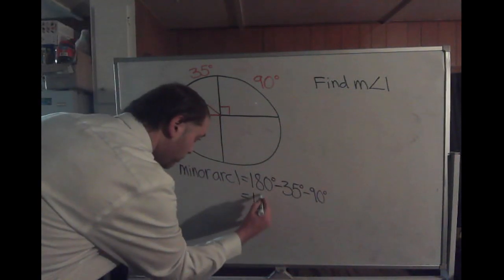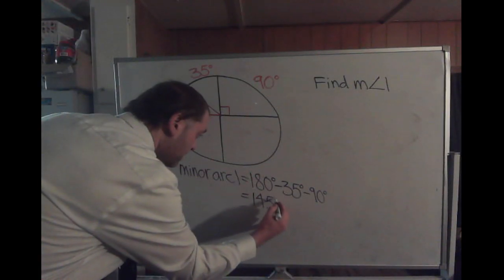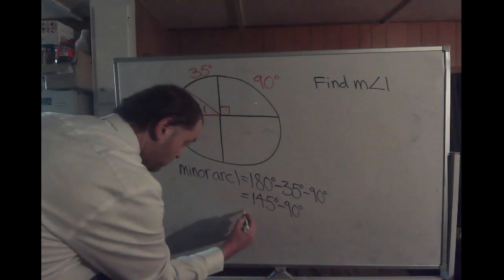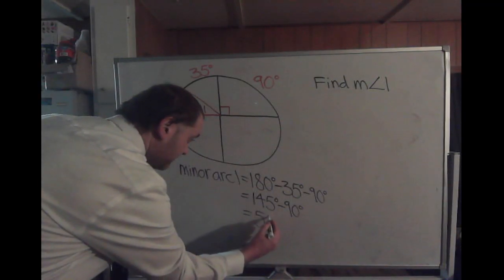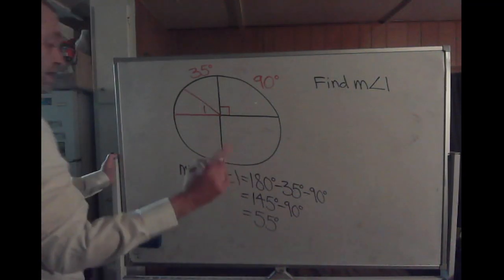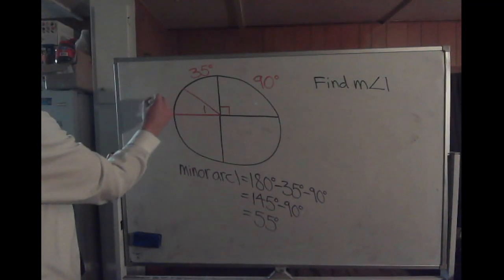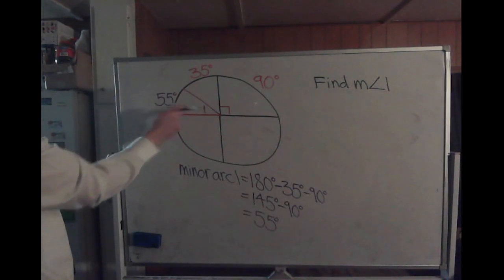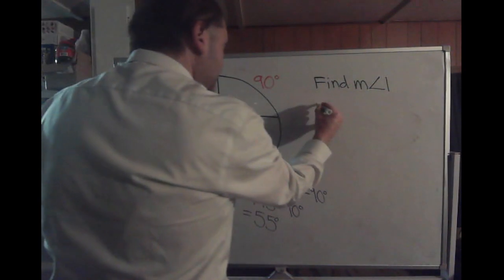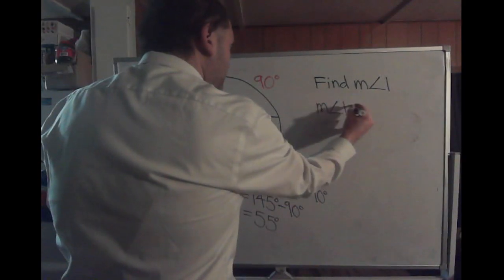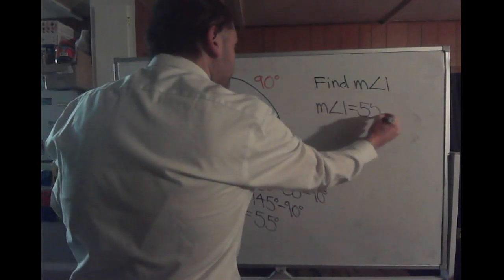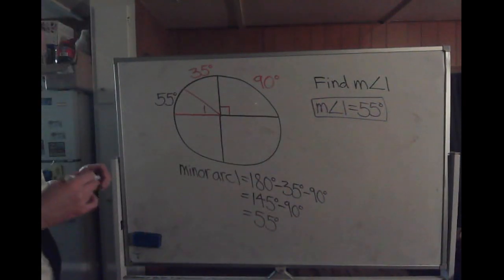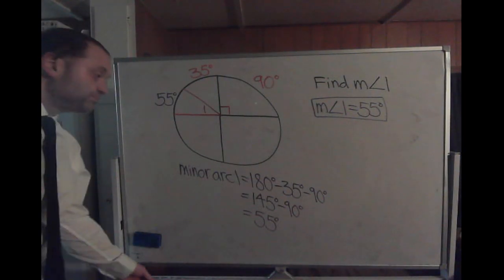That'd be 145 minus 90 degrees, which would then simply give you 55 degrees. So the minor arc attached to angle 1 is going to be 55 degrees, and since angle 1's a central angle, the measure of angle 1 would also be 55 degrees. So that wasn't too terrible.